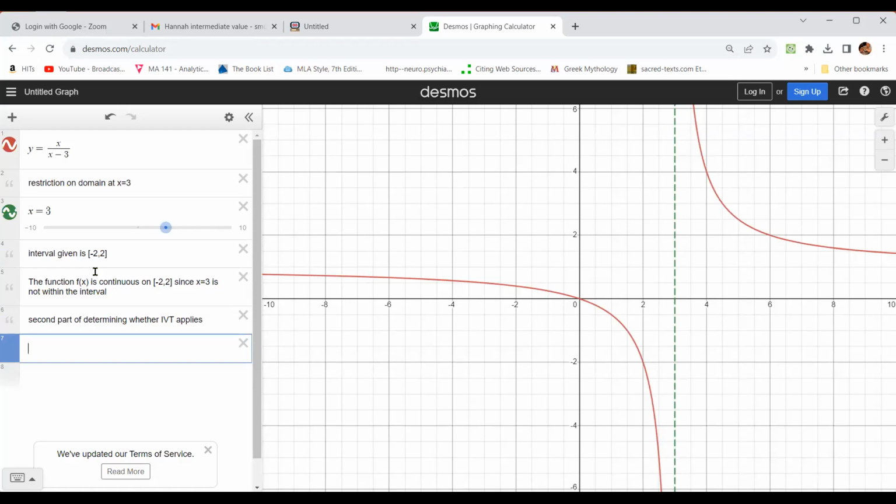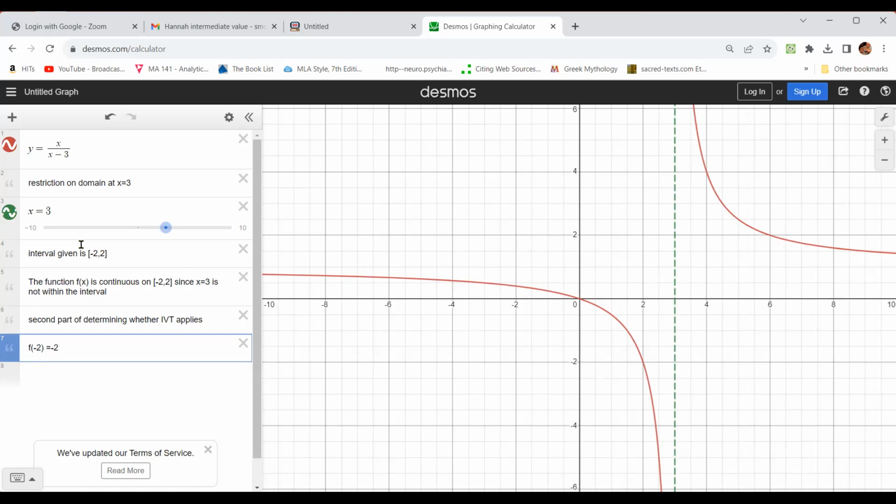I'm going to call this f, so I'm going to say f of -2. Now, what is f of -2? You can put it into the function. What is my function here? Remember, it's x over x minus 3.